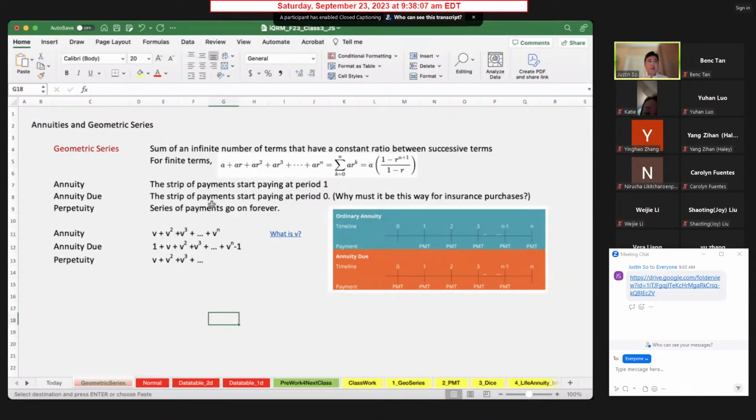Okay. Annuity, as we discussed in the prior file, is the strip of payments starting and paying at period 1, the same amount of cash flow occurring at the same time interval, the equal interval.